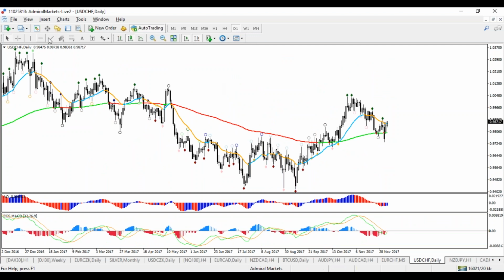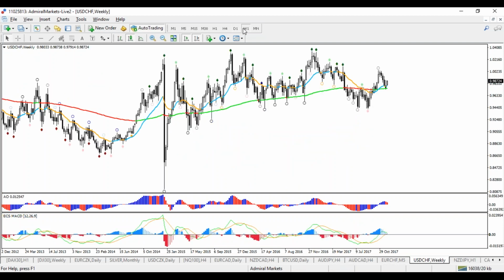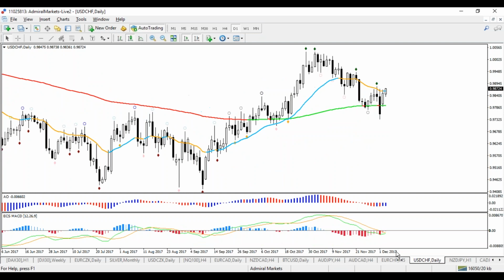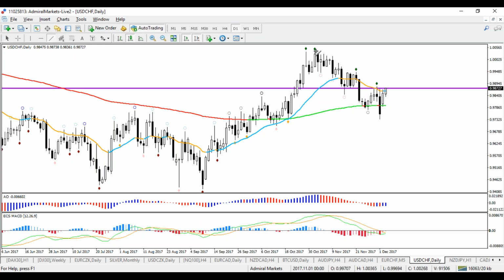All right, so we have what looks like a bull flag pattern within moving averages aligned to the upside. And looks like we're getting a bounce. Looks like price is very close to challenging this resistance and trend line.